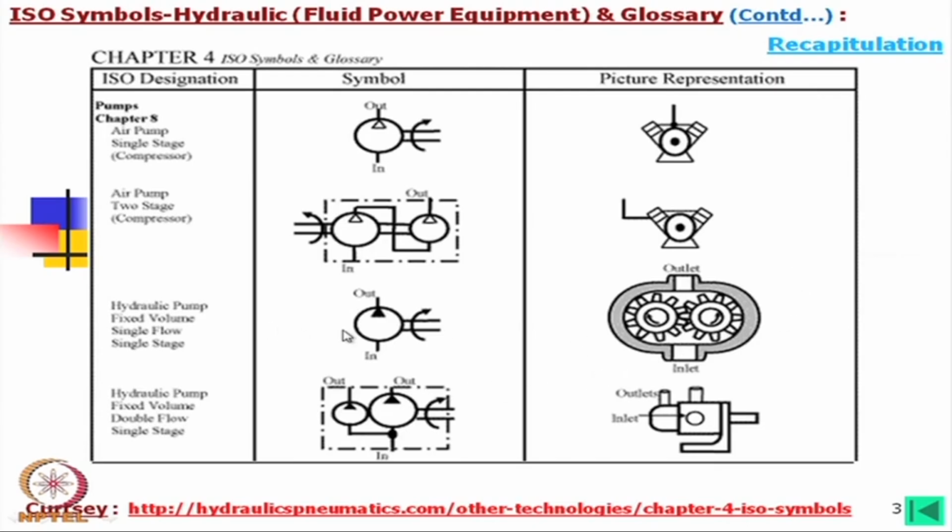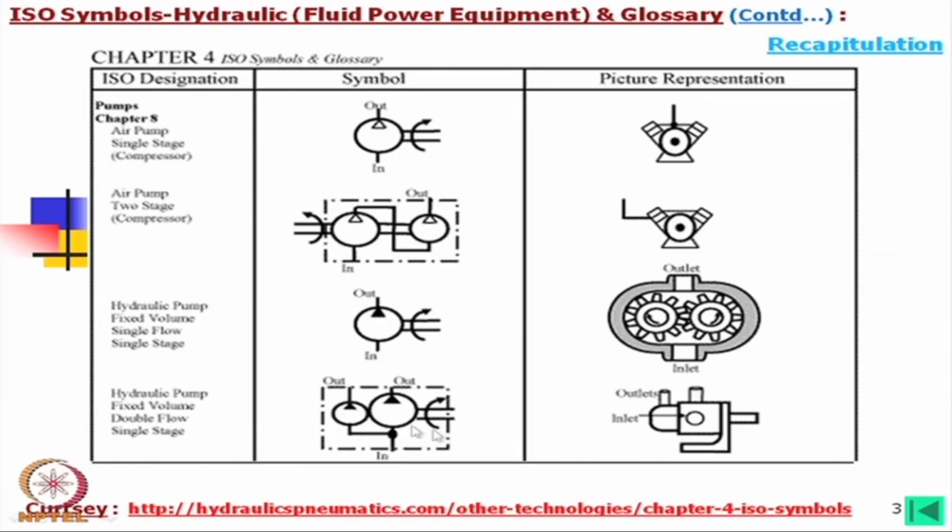In this case, this is a rotary hydraulic pump, and this is a fixed displacement. This is a double pump on a single shaft. Both pumps are operated together, one of low flow and one of high flow, and one usually has to be off-loaded depending on whether high flow or low flow is required.